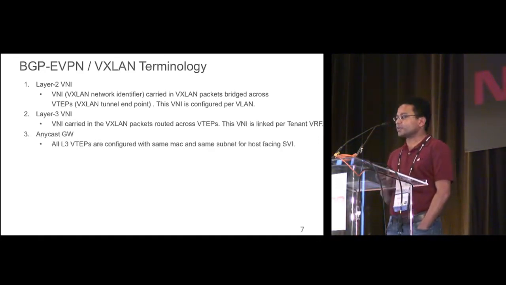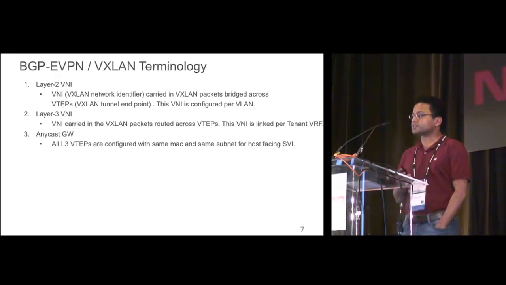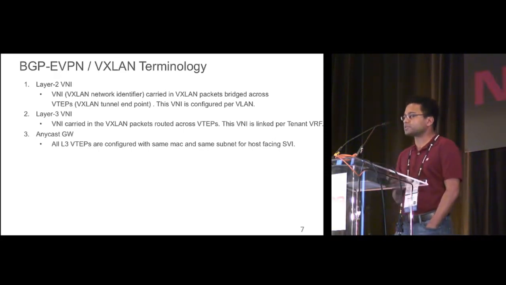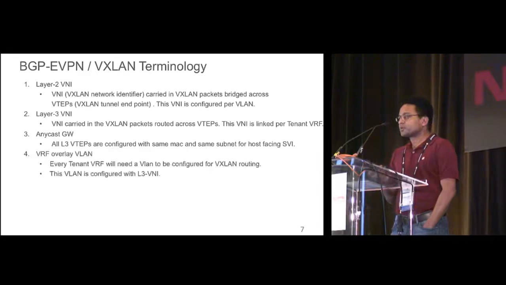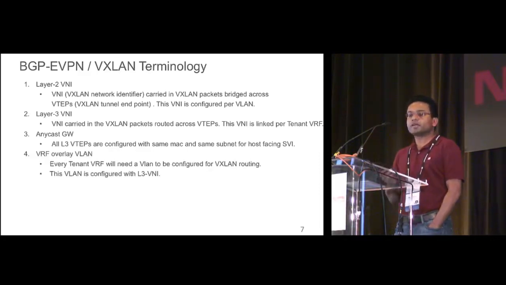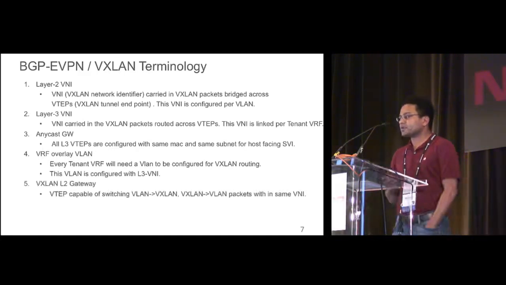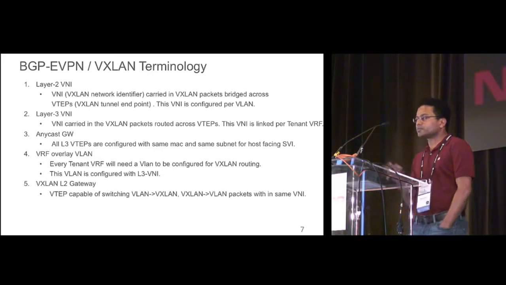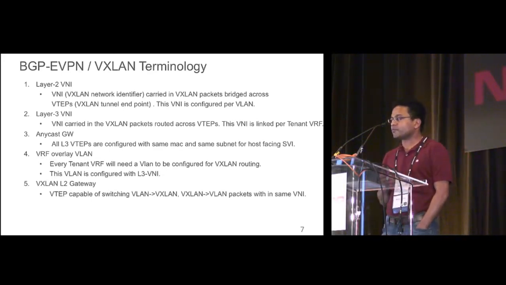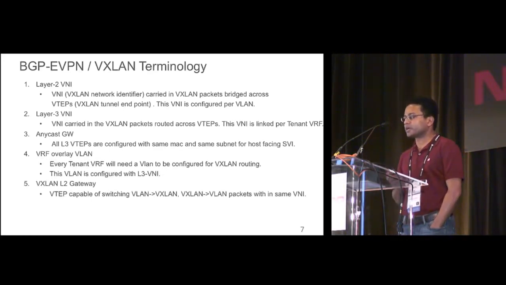Anycast gateway means all L3 VTEPs are configured with the same MAC and the same subnets. VRF overlay VLAN: each tenant VRF will have a VLAN, and that VLAN will be given an L3 VNI. The VXLAN L2 gateway is where the VLAN and the layer 2 VNI are tied to each other.